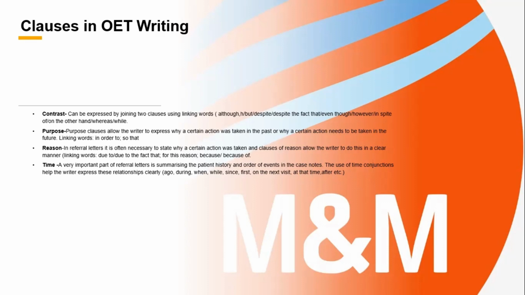Let's say, although he has been taking this medicine on time, his condition is not improving, right? Or although he took this medicine on time, his condition did not improve, right? Okay. And similarly, despite being managed conservatively, his pain did not relieve, right?